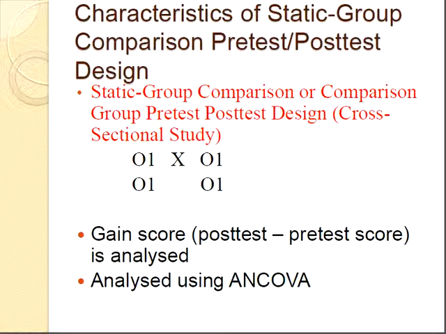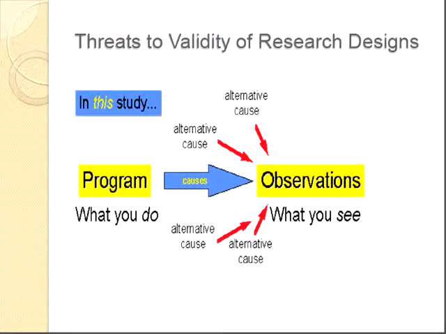And the special tool that can help in doing this analysis is ANCOVA, analysis of covariance. There are threats that come against validity of research designs, and all these threats put together are summarized here.